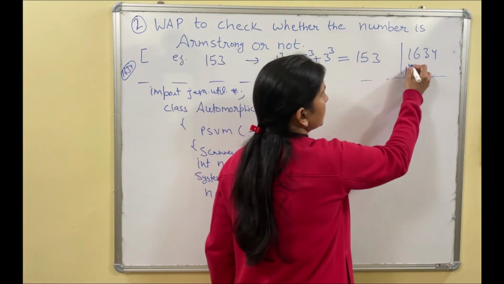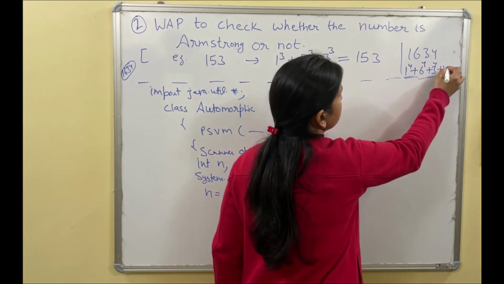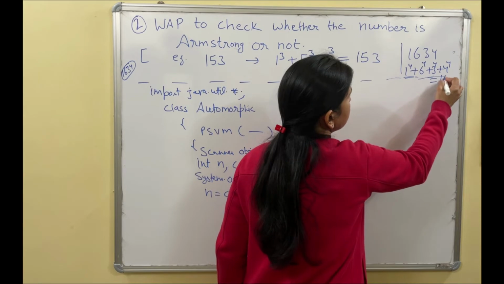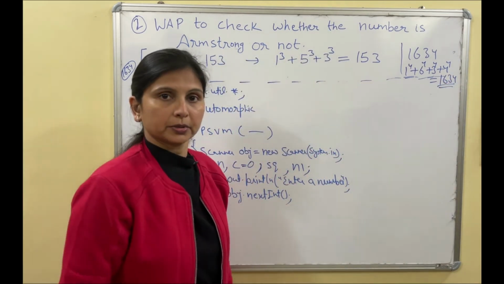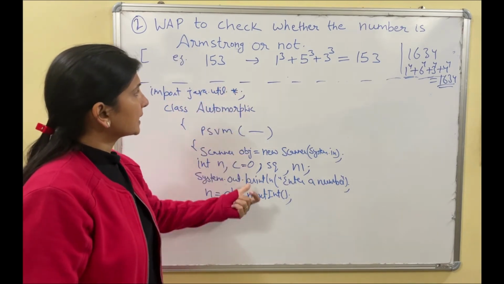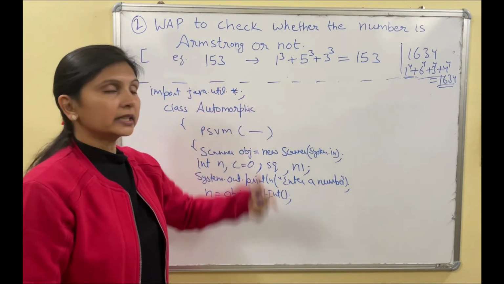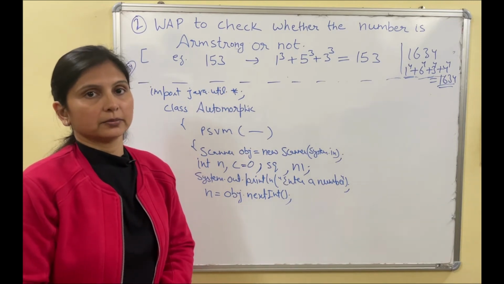So 1 raised to power 4 plus 6 raised to power 4 plus 3 raised to power 4 plus 4 raised to power 4. If it is equal to 1634, then it is an Armstrong number. Fine. But in all the books, we will get the example of only 3-digit numbers. So we consider the number as a 3-digit number.